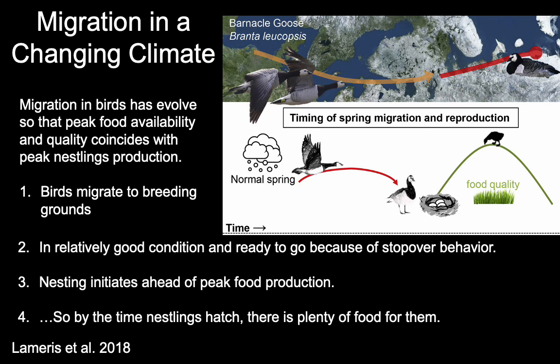So you've got to get started before that peak, right? Because it takes time for the eggs to incubate and to hatch. And so in a normal year, everything's going good. We have our nestlings right here at the peak food quality, so they have the best nutrition. There's no shortage of calories for your young.